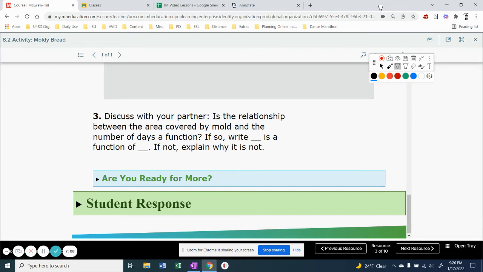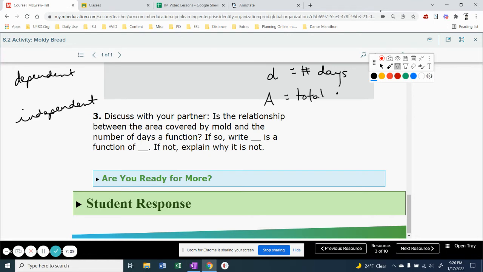So we want to think about our dependent and independent variables. So our two variables are d, the number of days, and a, the total area of mold.